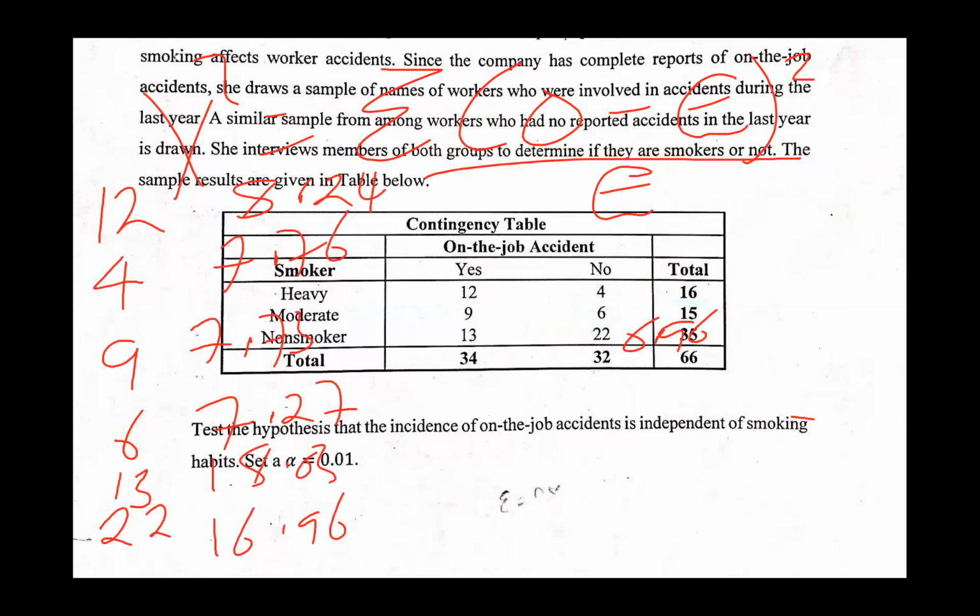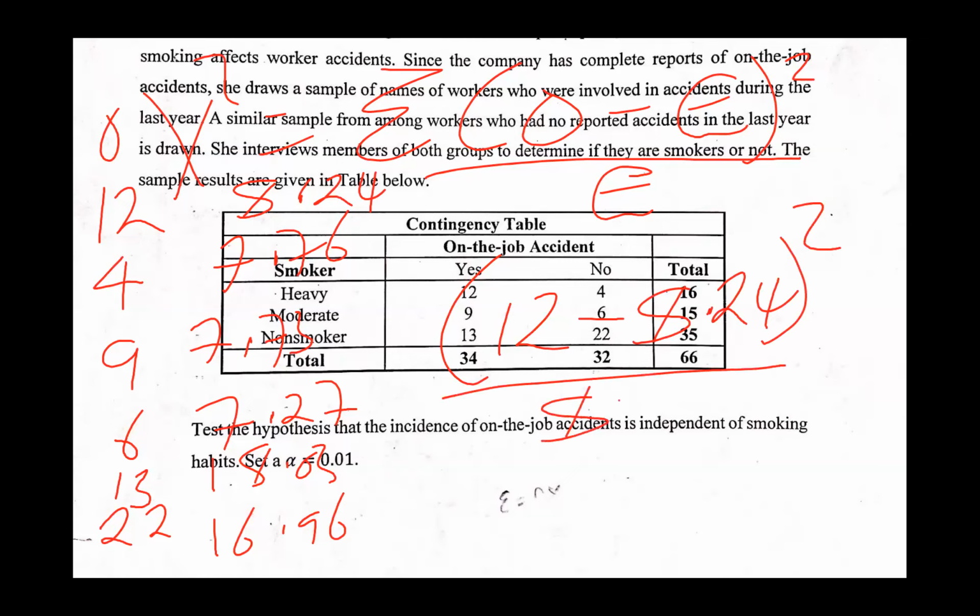So from there you can now do the right thing, whereby you do 12 minus 8.24, the expected value for the observed value. Just follow through this formula. You square that, divided by 8.24.